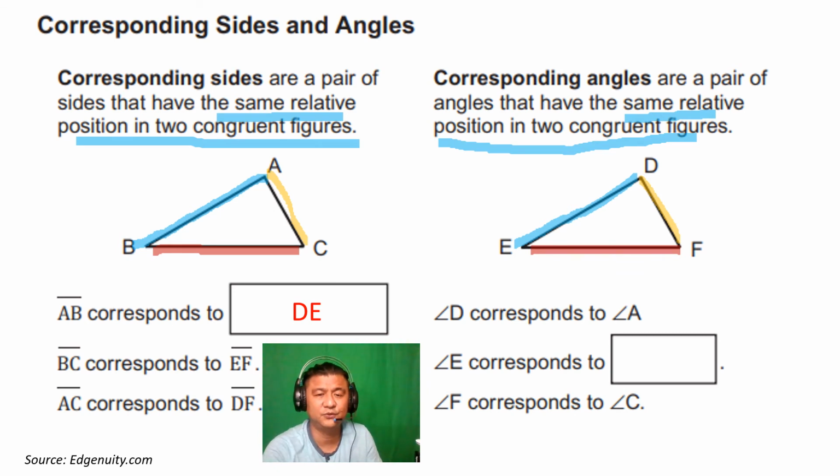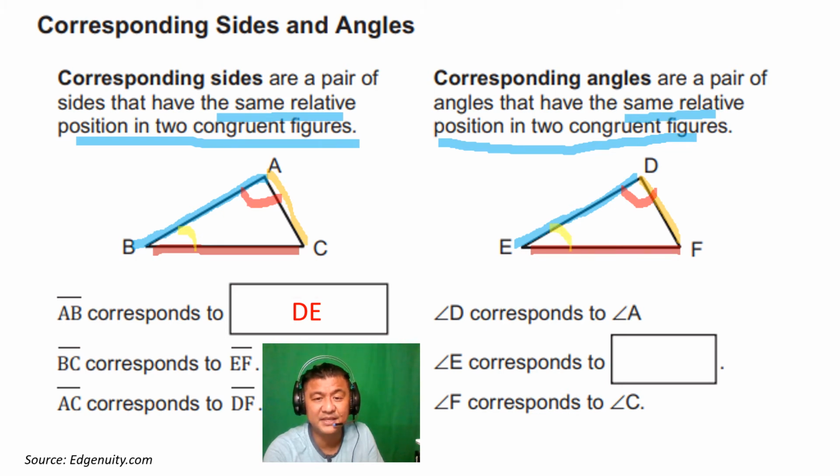So now let's focus on the angles. Let's look at angle D. Let's use the red one. Angle D matches angle A. See that? What else? Angle E, let's use the yellow. Angle E matches what?